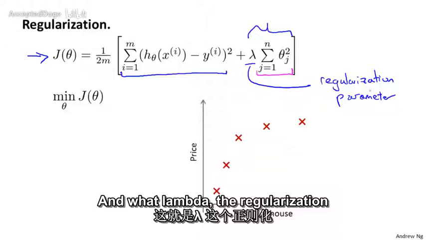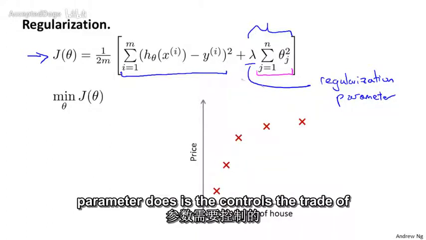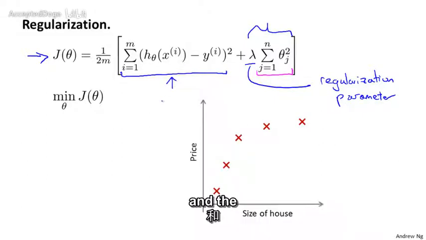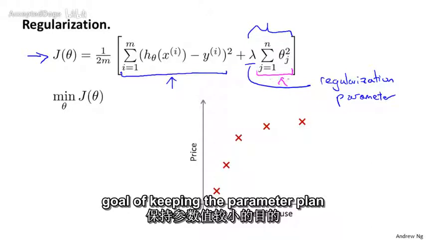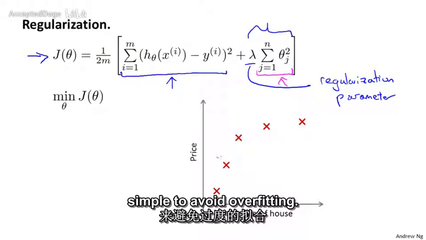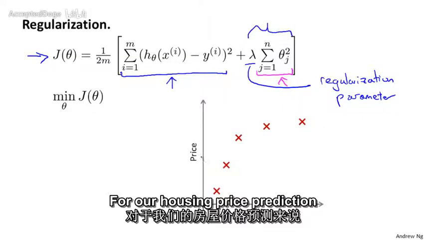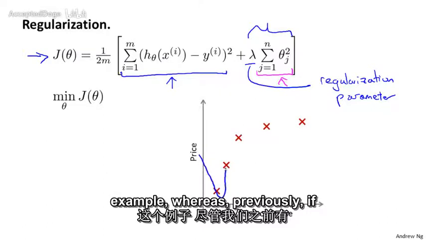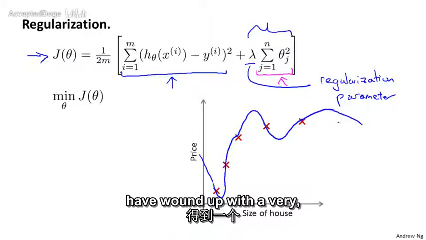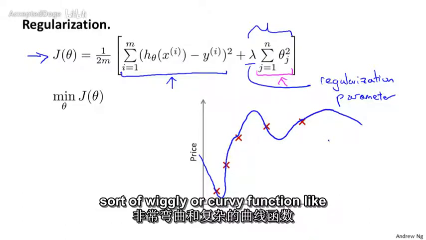What lambda, the regularization parameter, does is it controls the trade-off between these two goals, between fitting the training set well and keeping the parameters small, and therefore keeping the hypothesis relatively simple to avoid overfitting. For our housing price prediction example, whereas previously if we had fit a very high order polynomial, we may have wound up with a very wiggly or curvy function like this.